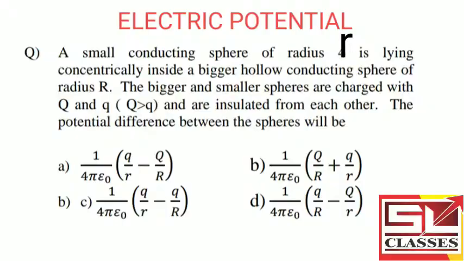Please listen. Next question. A small conducting sphere of radius small r is lying concentrically inside a bigger hollow conducting sphere of radius capital R. The bigger and smaller spheres are charged with capital Q and small q, where Q is greater than q, and are insulated from each other. The potential difference between the spheres will be, and different options are given, you can see.